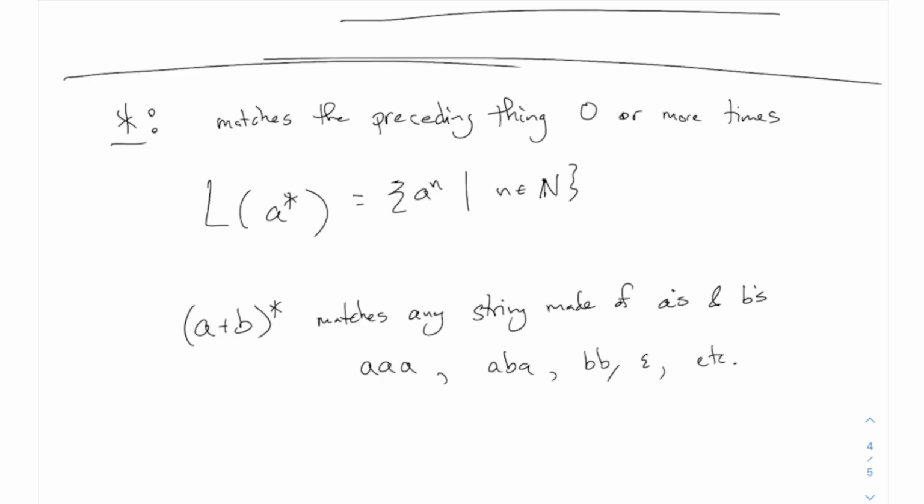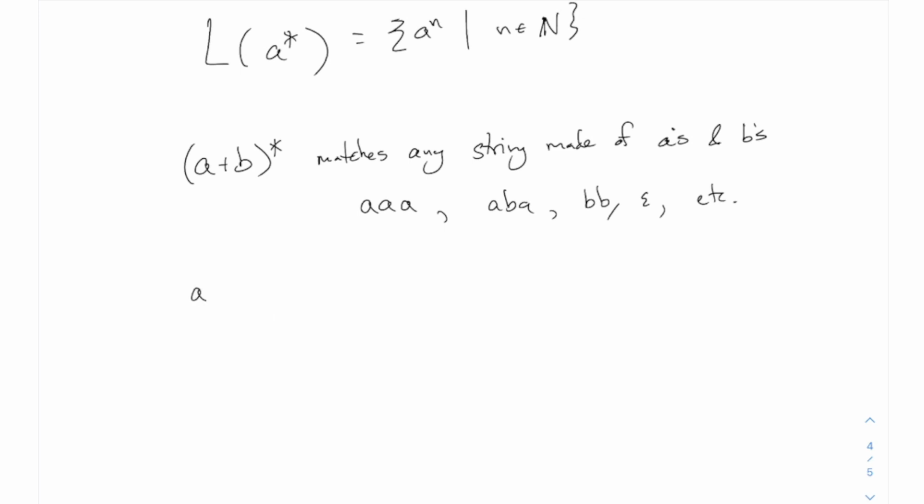This is different, and if you wanted to say what she said before, my interpretation of what she said before, at least, is actually this. A star plus B star, that's different. That means you can repeat A's or repeat B's. But this does not allow for mixing some A's and then some B's, right?